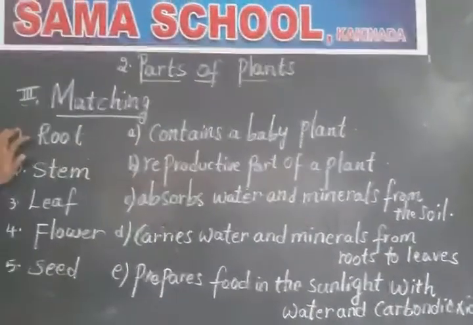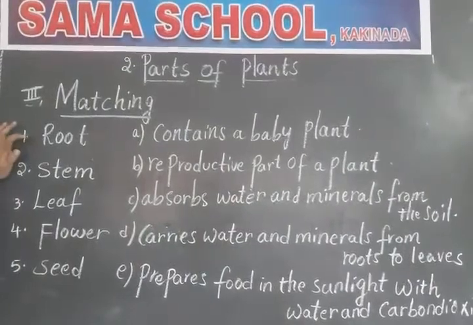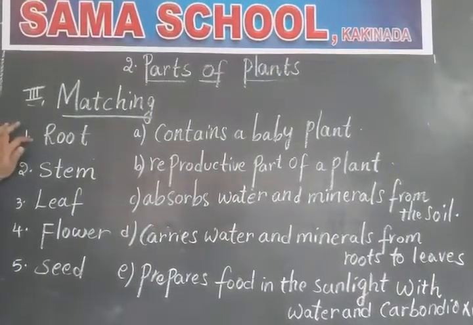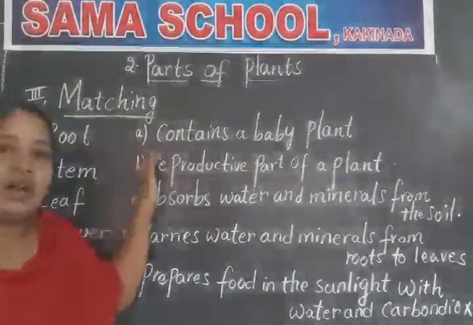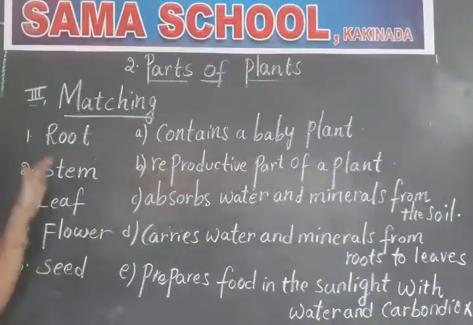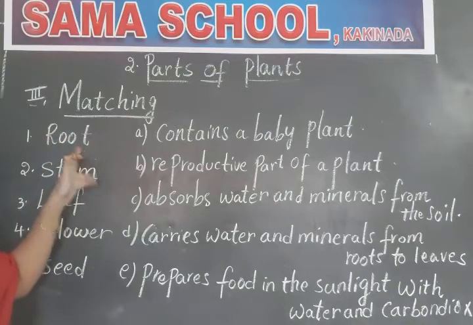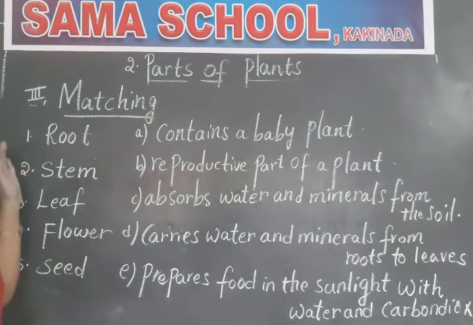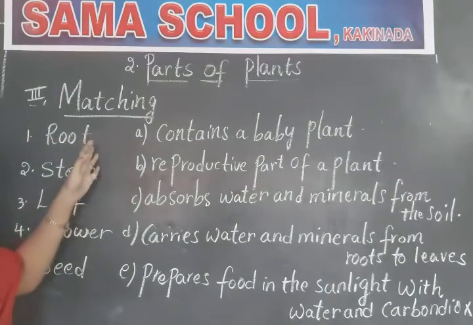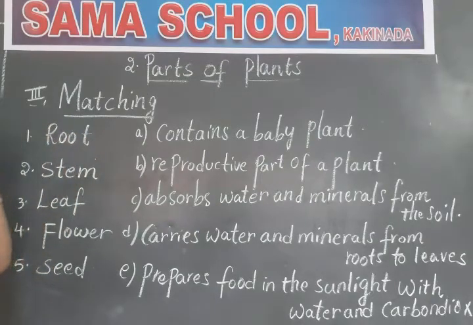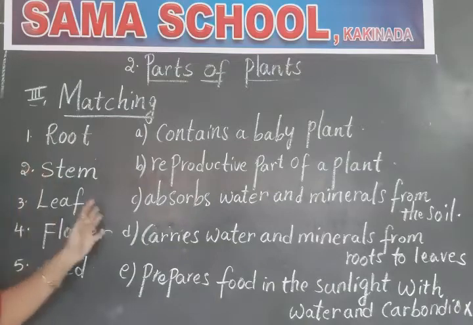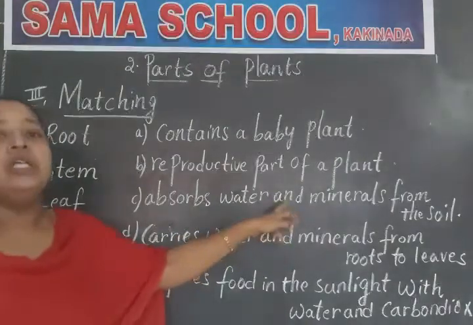See the first one, root. What is the first one? Root. Everyone knows that root is the underground part, the part which grows below the soil. And what is the main function of root, children? You have already learned roots are very important to absorb the water and minerals from the soil.